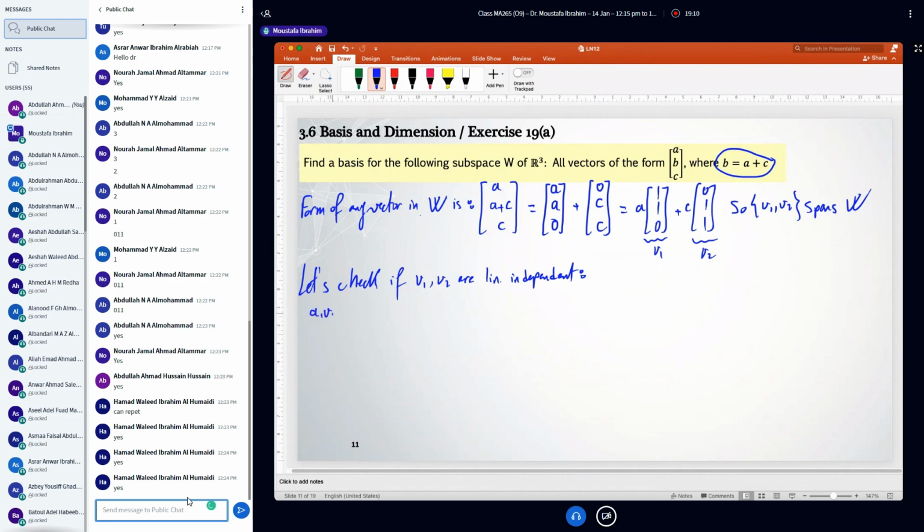By definition, a1 v1 plus a2 v2 equals 0. We write the augmented matrix 1 1 0, 0 1 1, and all 0.